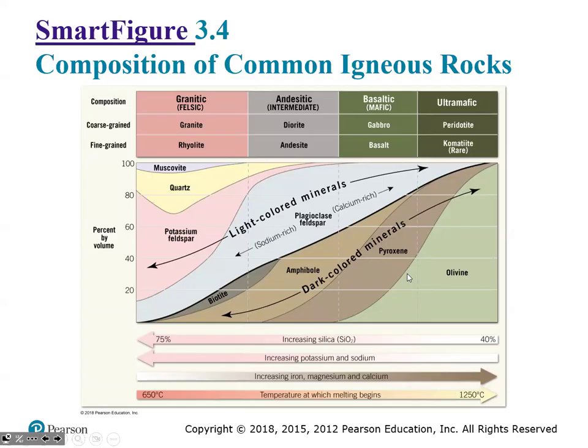And in general, you get increasing silica as you go towards the granitic. You get increasing potassium and sodium as you go towards the granitic. So felsics have more silica, more potassium and sodium. Mafics have more iron, magnesium, and calcium, and the temperature where melting begins is a higher temperature.